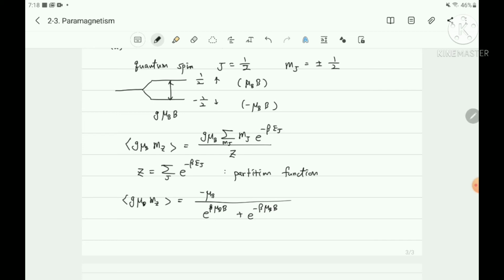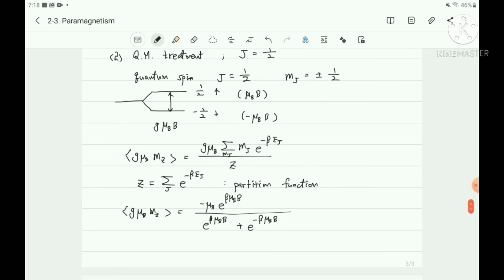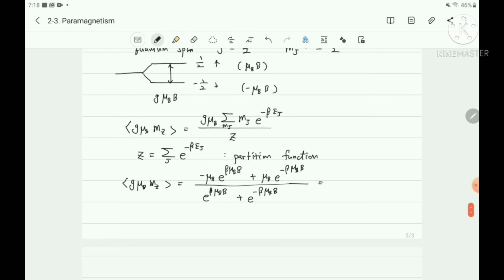Therefore, it is minus mu B exponential beta mu B B for the spin down case, and for the spin up case, plus mu B exponential minus beta mu B B. Therefore, when you combine these, it is a hyperbolic tangent: mu B times hyperbolic tangent of mu B B over kBT, because beta is 1 over kBT.